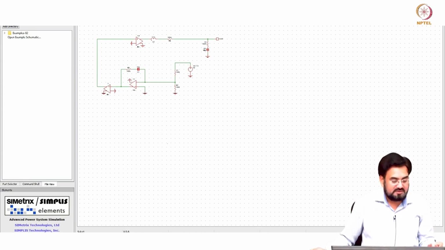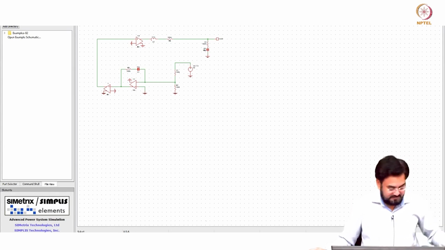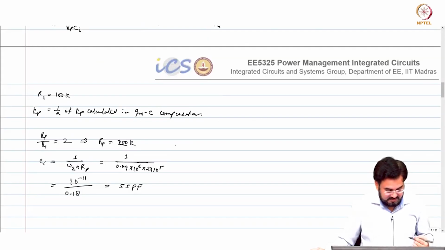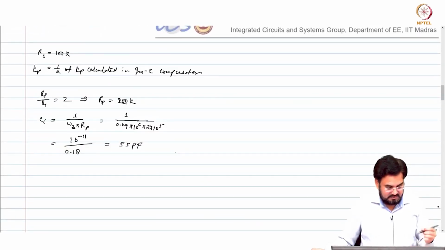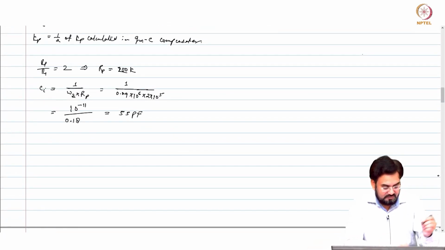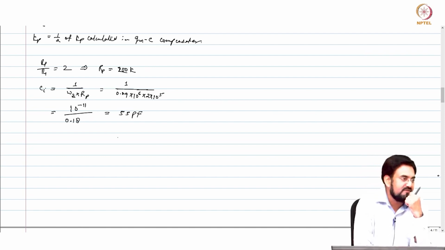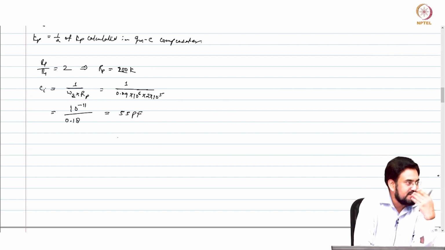Okay. So this is how you do your type 2 using op amp RC. One important thing to notice here is that your cap value, which was coming pretty close to 1 nanofarad, 800 picofarad, is now reduced to 55 picofarad, because now you have the freedom to use larger R without disturbing your offset, because offset is mainly determined by your op amp gain and GM of the op amp.